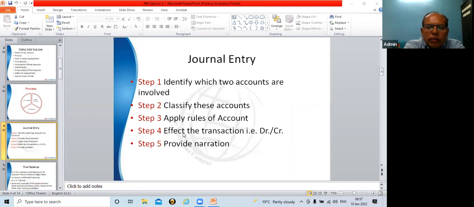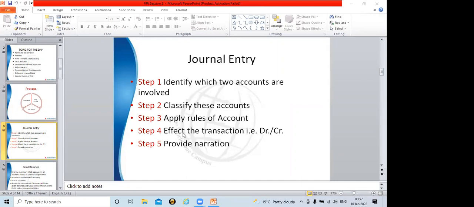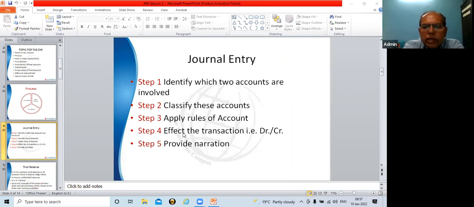So purchase of fan account debit 1,500 to cash or bank account credit 1,500. And at the end we will give the narration: being table fan purchased for office use. This narration will clarify the transaction.